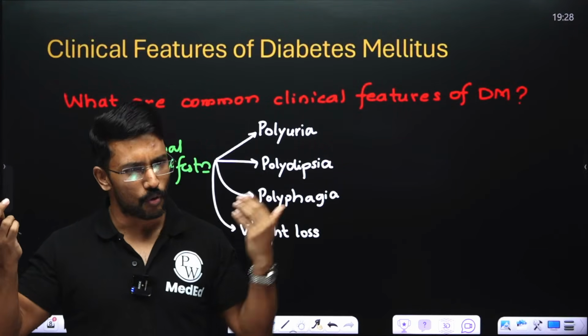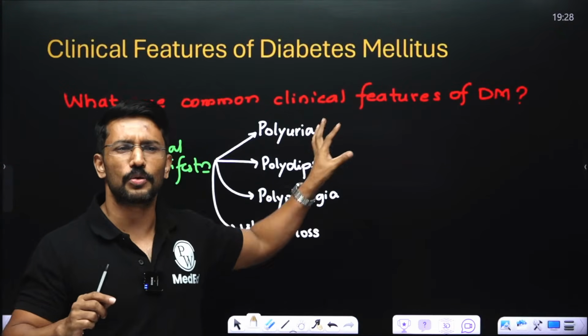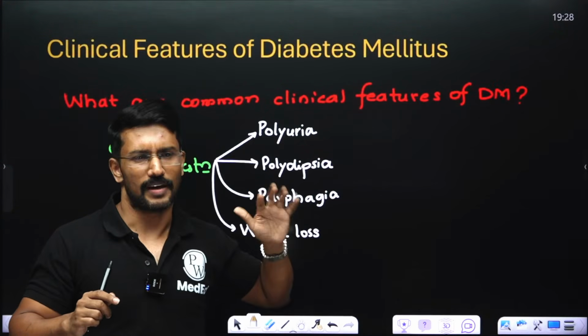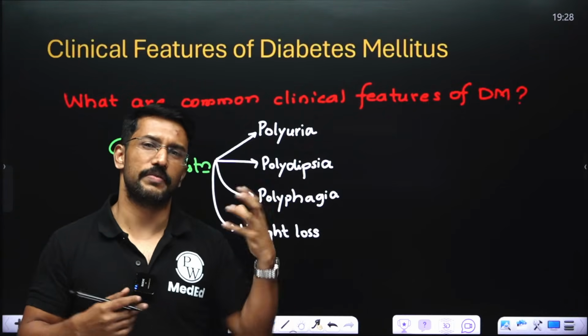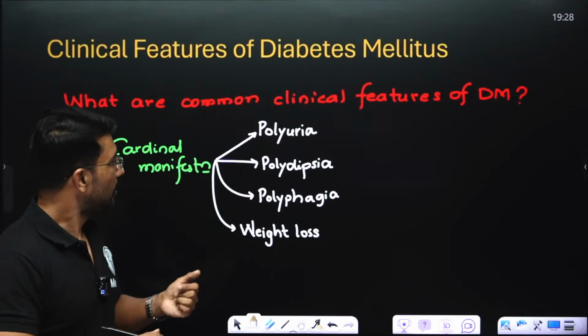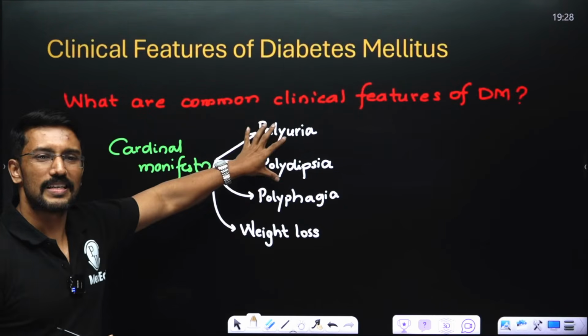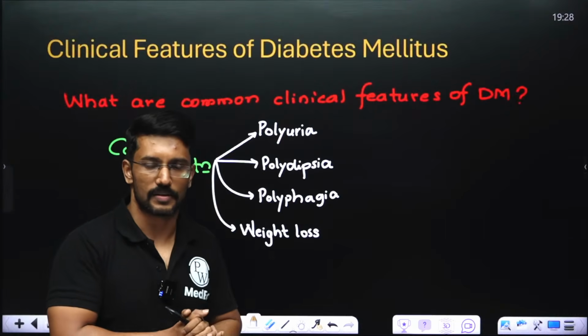So the more I lose in the urine, the more I drink, my hydration is balanced and it should not be a life-threatening condition, except in extreme hyperglycemia, too much polyuria, severe dehydration as in case of DKA, or hyperglycemic hyperosmolar state. Otherwise, these are not going to be life-threatening directly, at least in the mild cases.